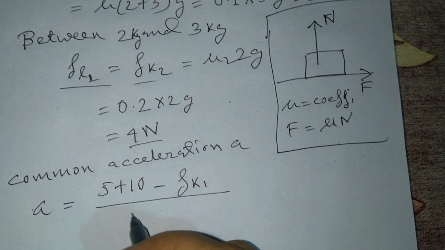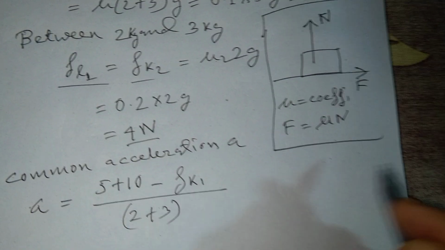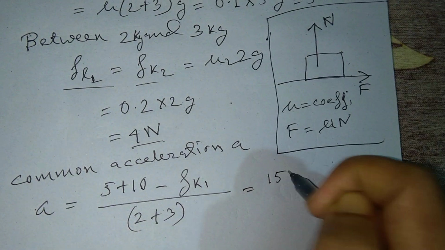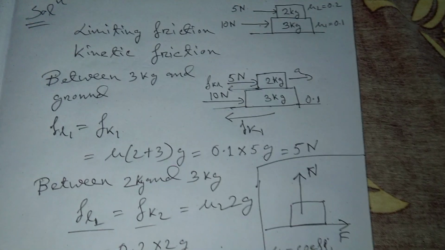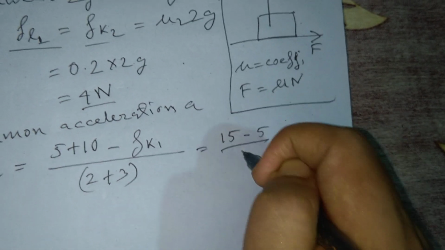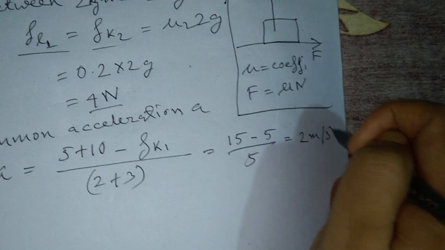The mass is 2 plus 3, because F is equal to ma by Newton's law. So it is 15, and the Fk1 value is 5, divided by 5, you get 2 meter per second square.